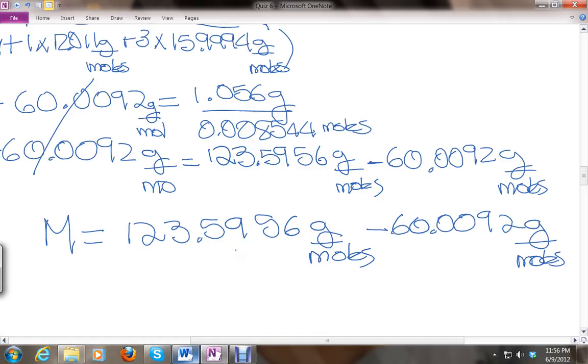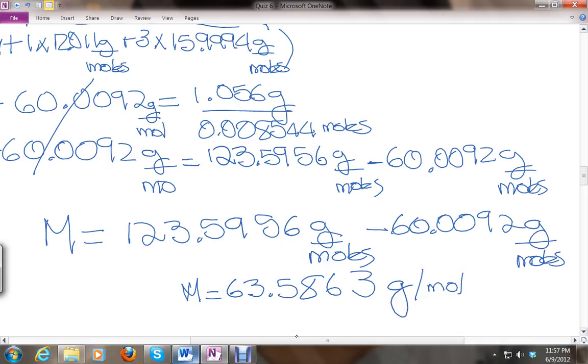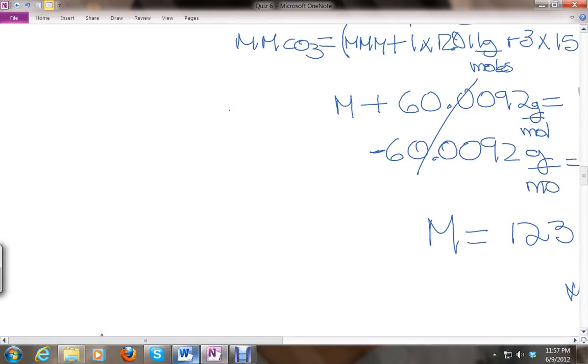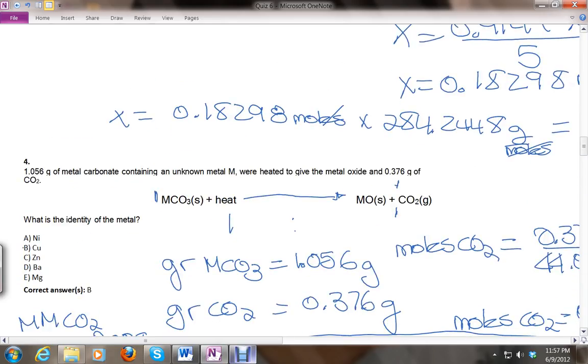It's going to give me the molar mass of the metal, the atomic weight, 63.5863 grams per mole. If you look at your periodic table, the closest one to 63 is going to be 63.546, right? We're on target there. And it's going to be copper. Okay, so the answer is B.